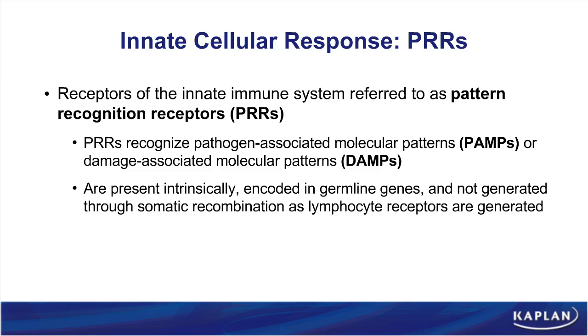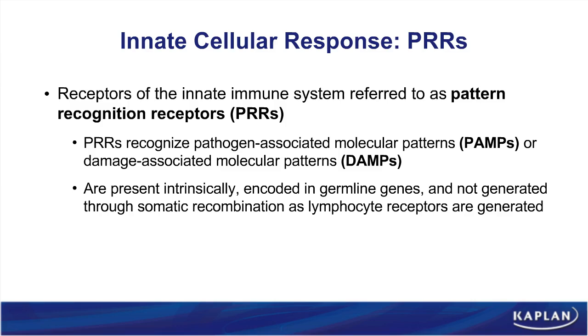Now, please keep in mind that these are encoded for in the germline. They are not generated through that process of gene rearrangement or somatic recombination that Dr. Moscatello went through with you. So again, these are already in the cell, encoded for. So that's why, again, we can refer to them as being part of the innate response.